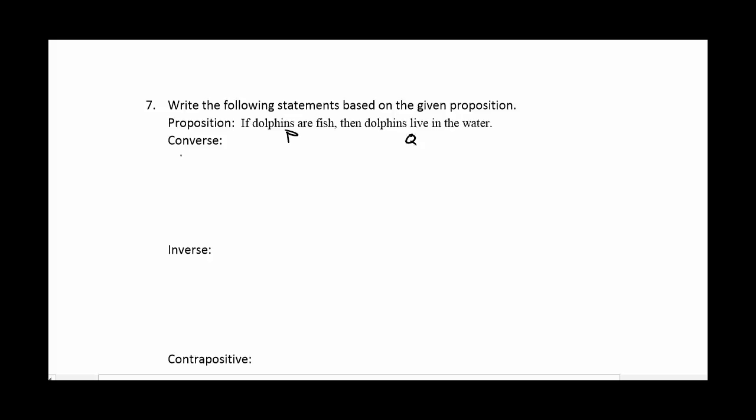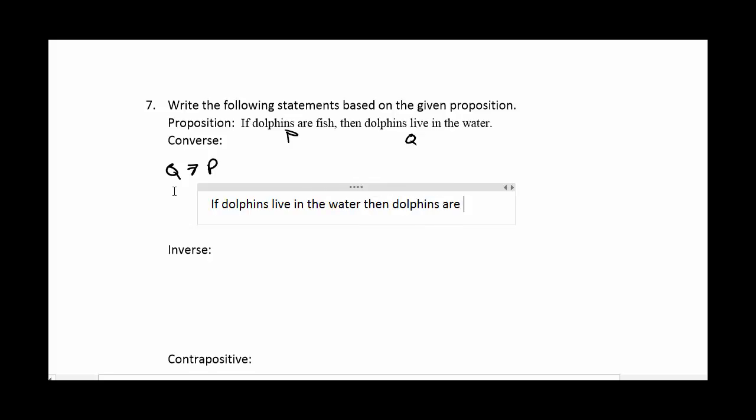So that's our P, that's our Q. Converse would be Q to P. So I'm just going to switch the order around. So if dolphins live in the water, then dolphins are fish. Okay.